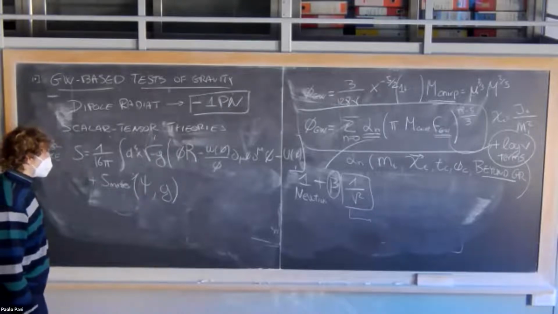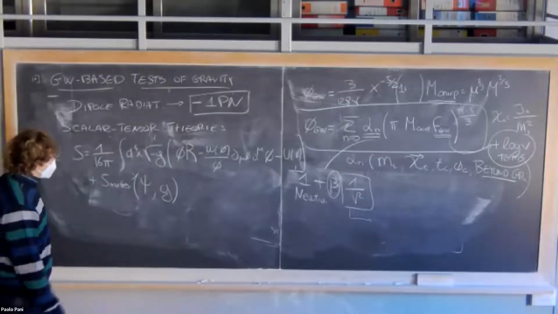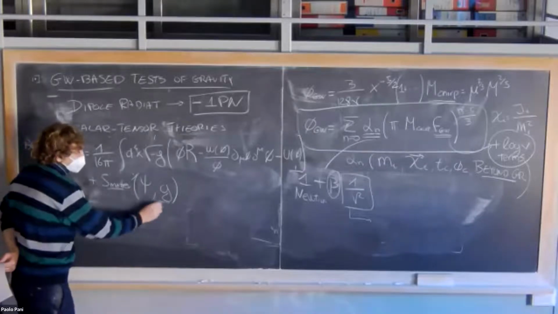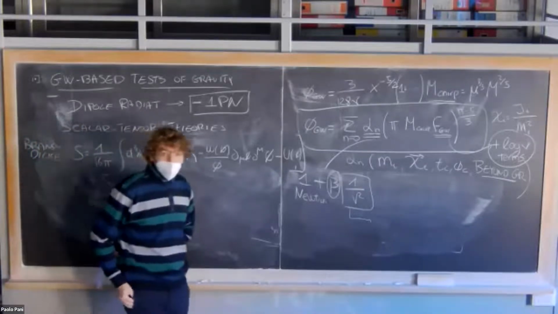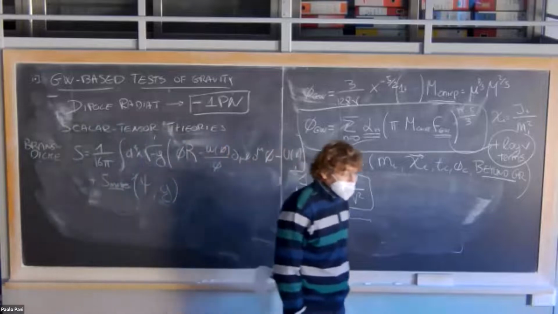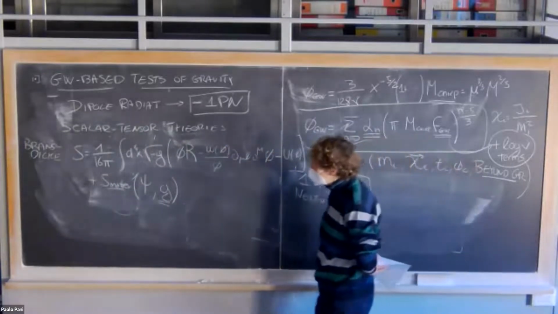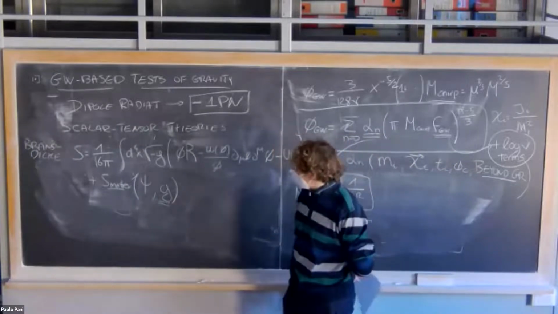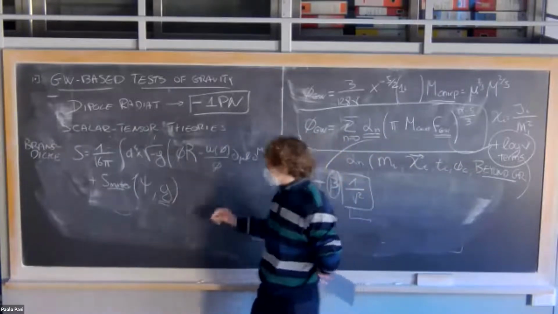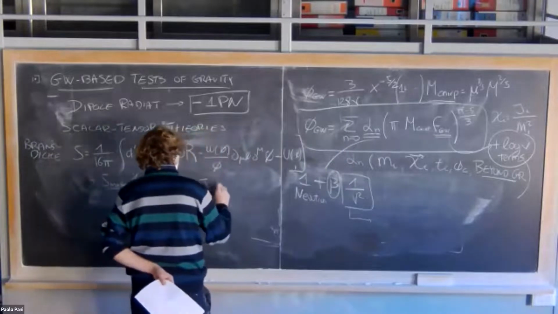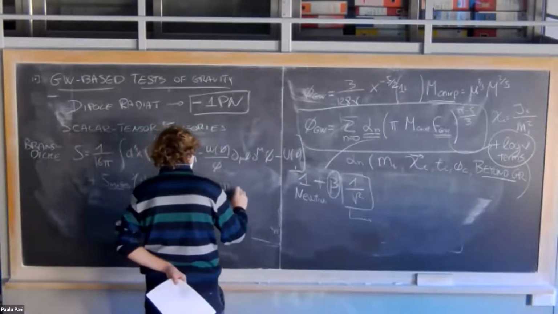This is the standard expression. Because matter is minimally coupled to the standard metric, this theory satisfies the weak equivalence principle that we mentioned yesterday. So there is geodesic motion, which is evident here in what is called the Jordan frame.